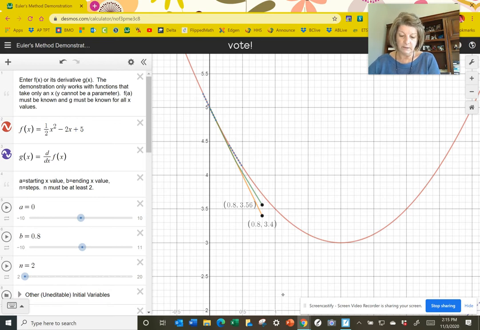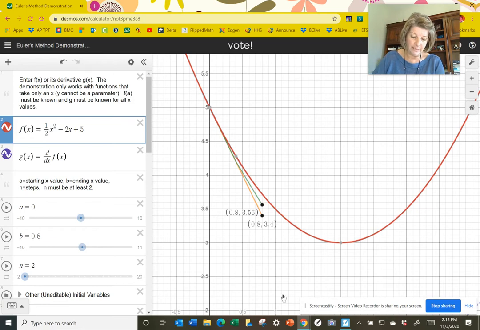The first point we recalculated at gave me the second line. The green line is the second version of the tangent approximation, and you can see how that's landing us at 0.8, 3.56. How could I get more accurate?